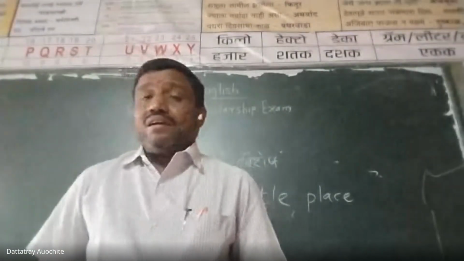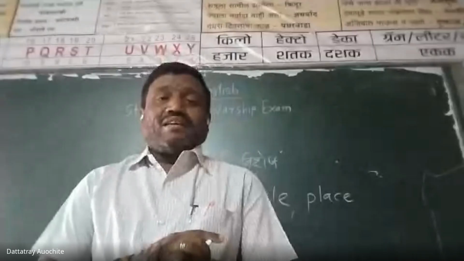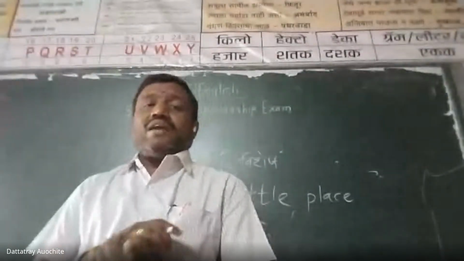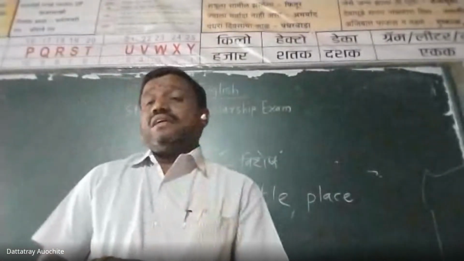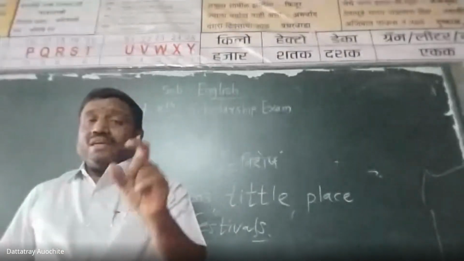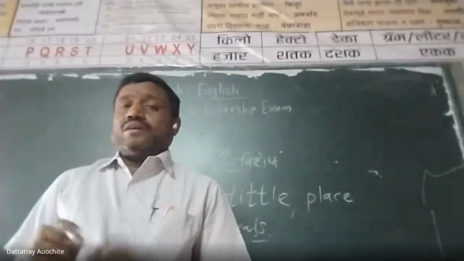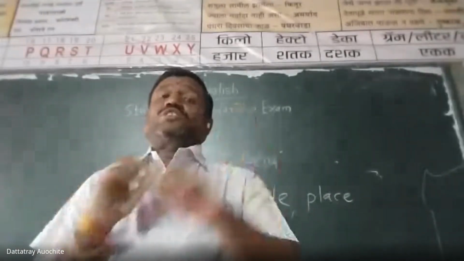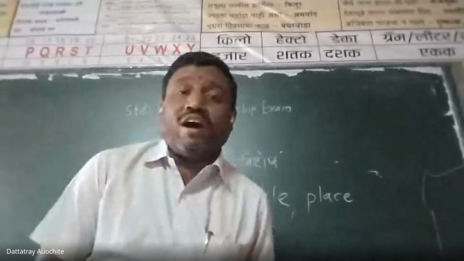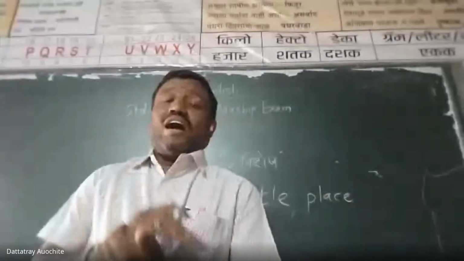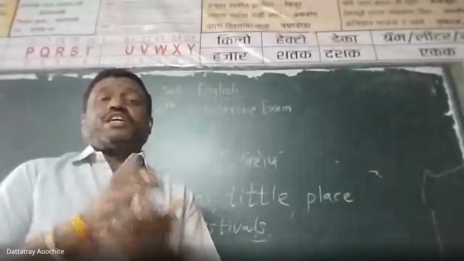Then some degrees are there: BA, MA, LLB, MBBS. In these degrees, we abbreviate, we have acronyms for that. MA for Master of Arts, BA for Bachelor of Arts, BSc, BTech.